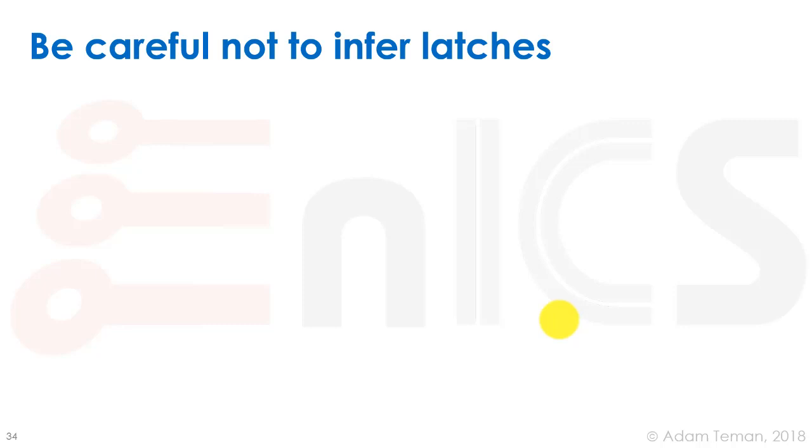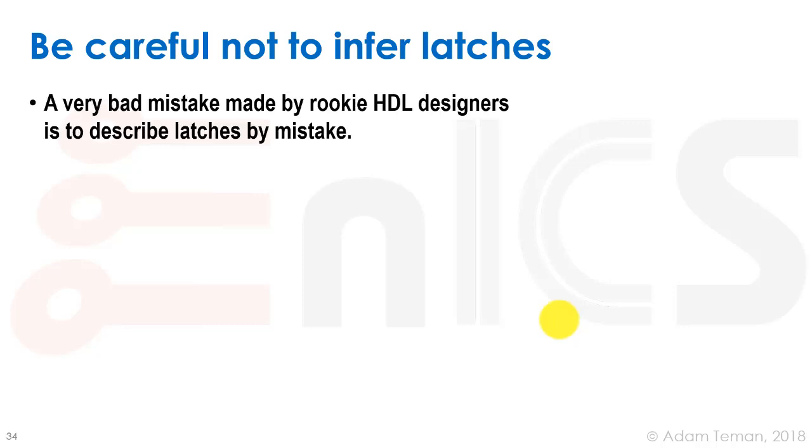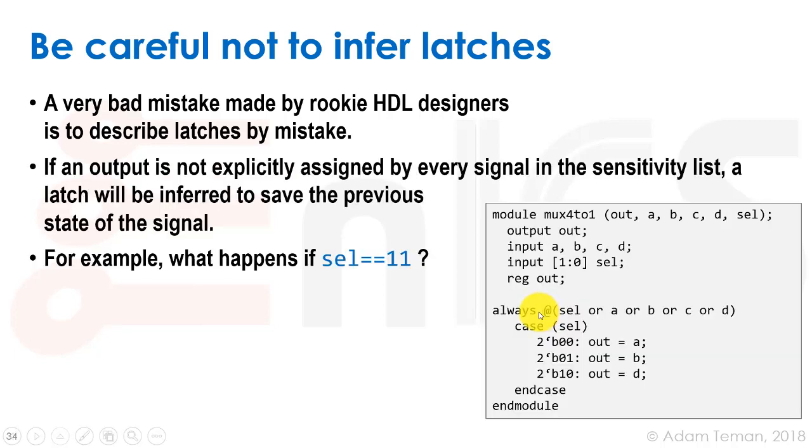Be really careful not to infer latches. This usually happens to rookie HDL designers until they get used to it. If an output is not explicitly assigned for every value of the signals in the sensitivity list, a latch will be inferred to save the previous state of the signal. For example, what happens if sel equals 1, 1? We don't have sel equals 1, 1 here, right? We have to have a latch to save the state.